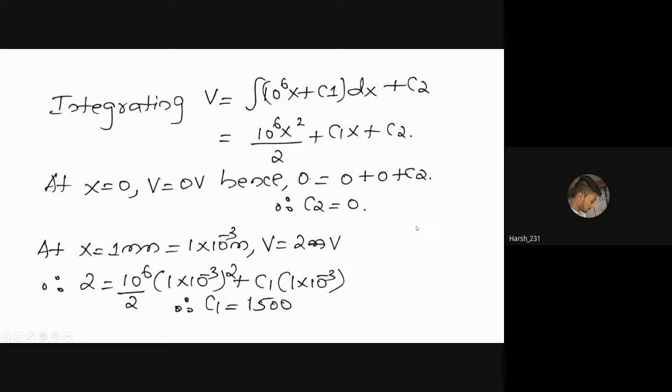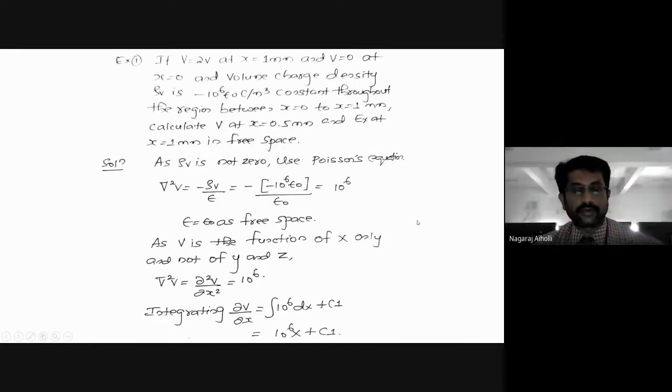Sir, first one C2 equal to 0, sir. C2 equal to 0. Okay. What about C1?